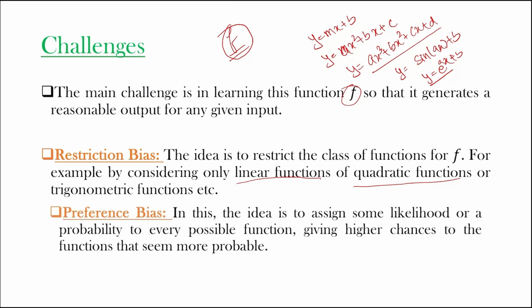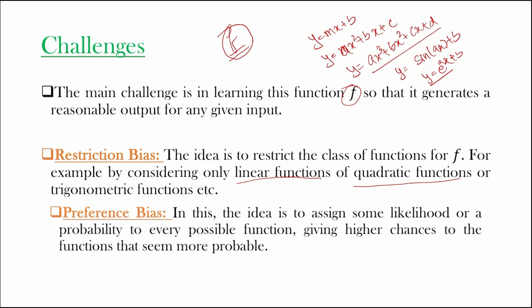Another idea could be to apply a preference bias. In this, the idea is to assign some likelihood or probability to every possible function, in such a way that I assign higher chances to the functions that seem more probable. So this is the main idea. However, these two biases also provide further challenges.